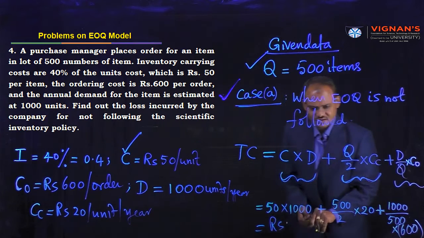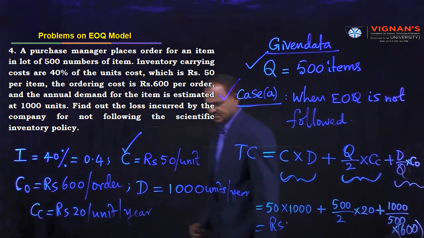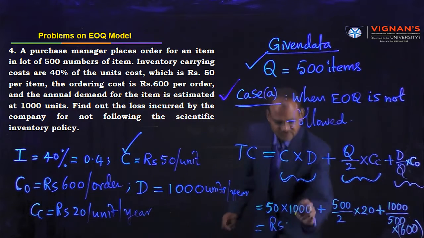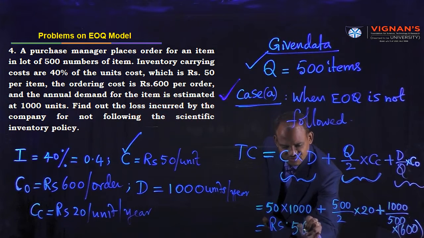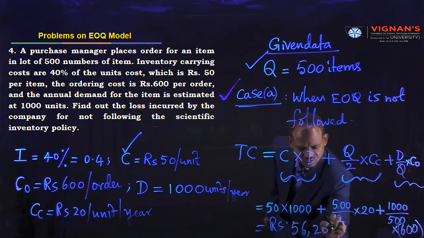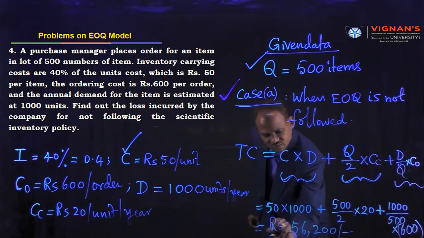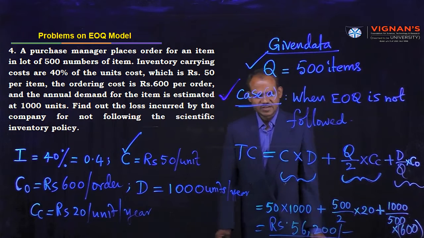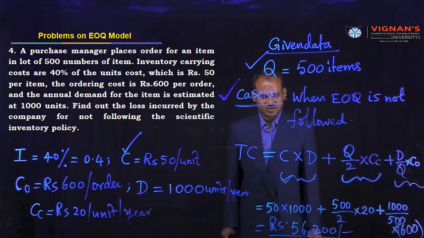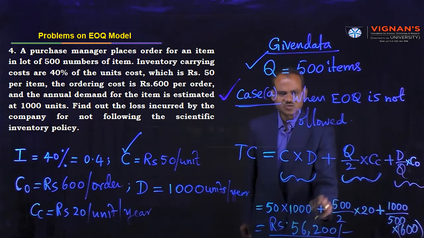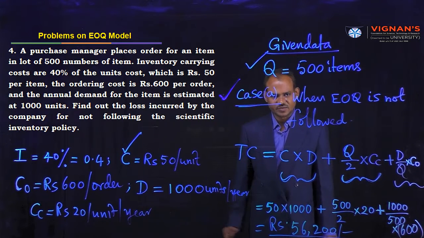Then we will get, it becomes 56,200 rupees. When EOQ is not followed, what is the total cost? The total cost is 56,200 in case A.